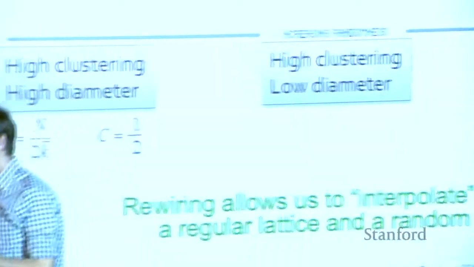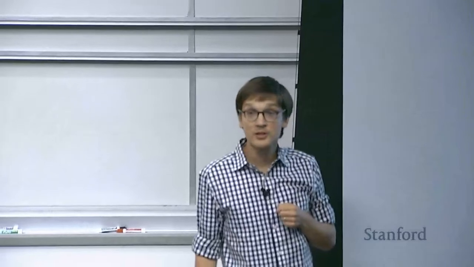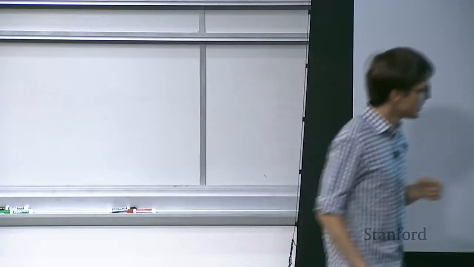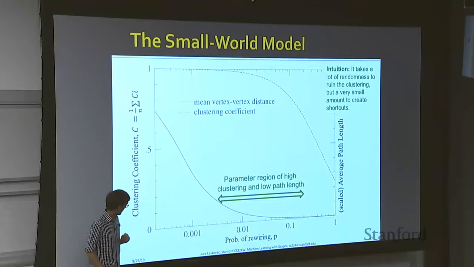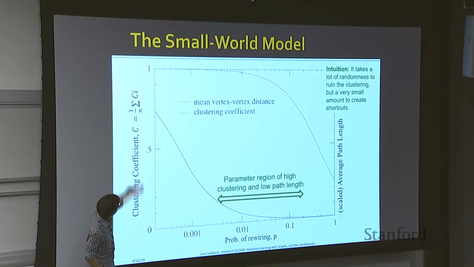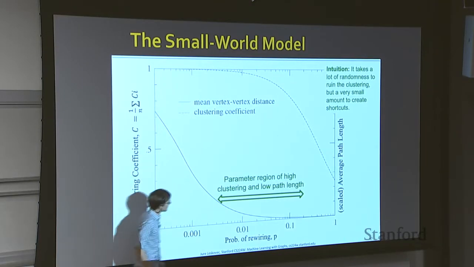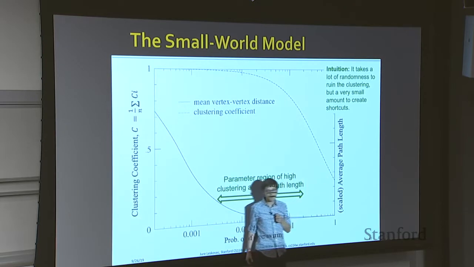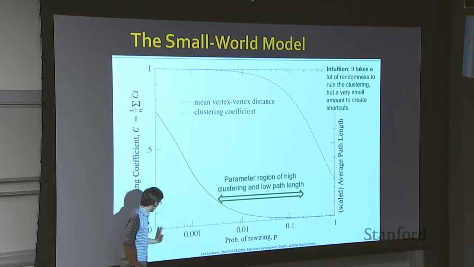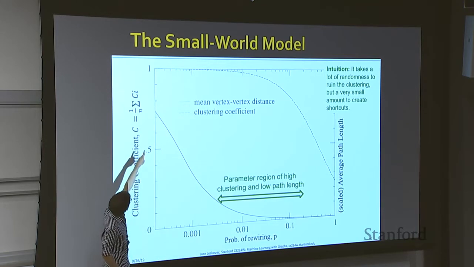And I can now show you the results of this computational experiment, right? So on the x-axis here, we have the probability of rewiring. The y-axis here is average clustering coefficient, and on this side is average shortest path length. When p equals 0, we have high clustering and high diameter.